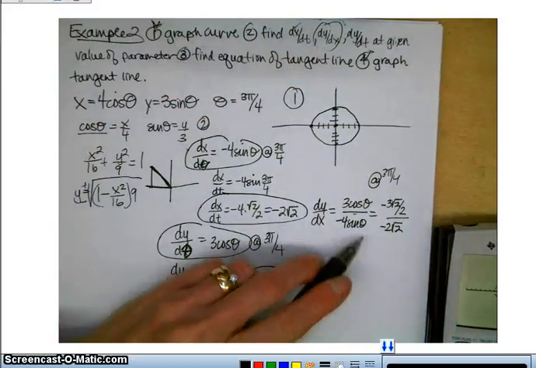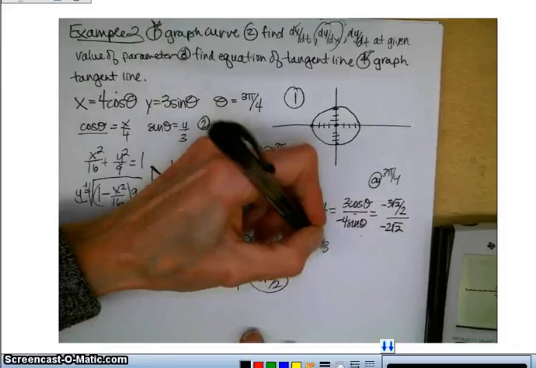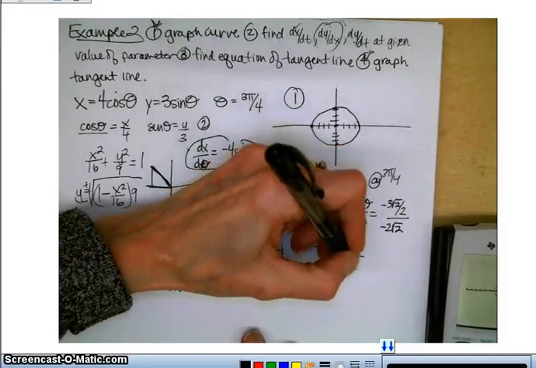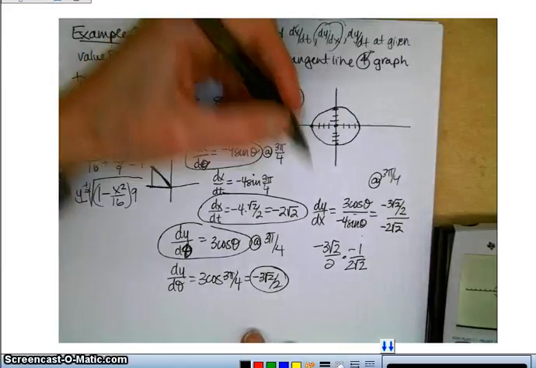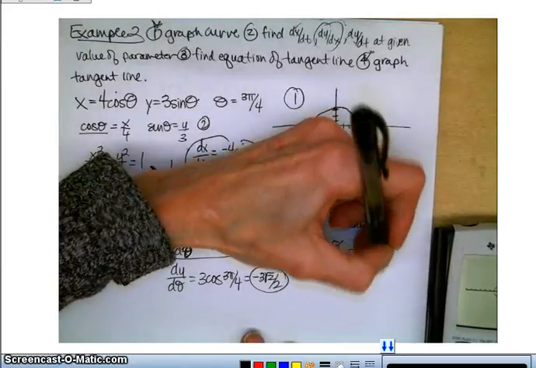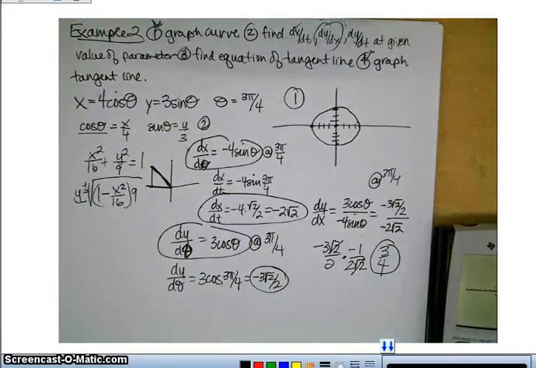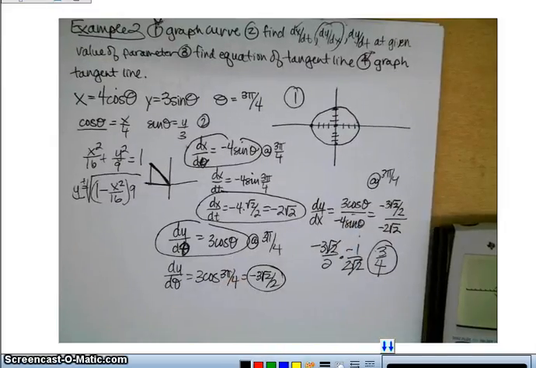So if I'm going to divide these two, I'm going to multiply by the reciprocal of this, so negative 3 radical 2 over 2 times negative 1 over 2 radical 2. The radical 2's cancel. I get 3 over 4 on top. So I could have just jumped ahead and found this and then worked it out right there. I didn't have to do those two parts.